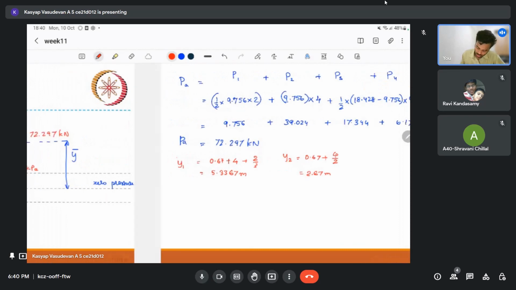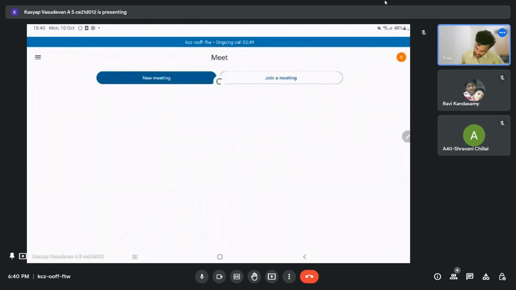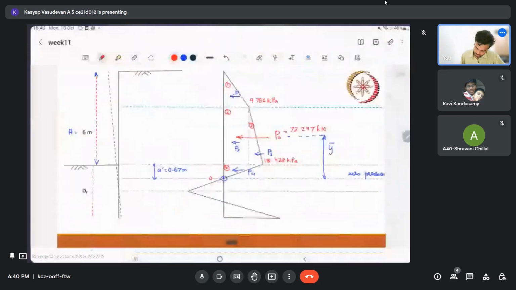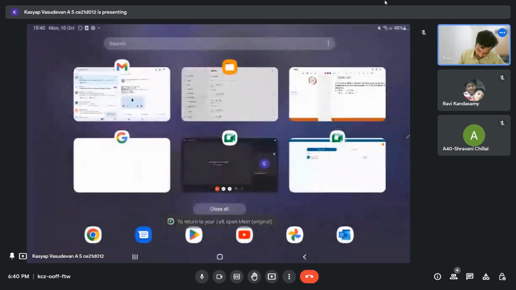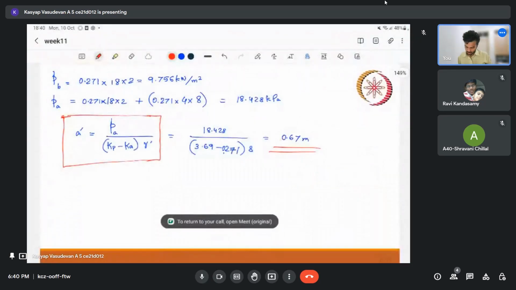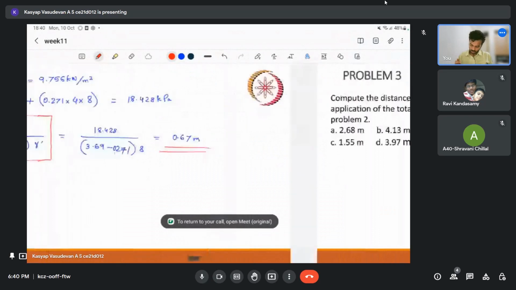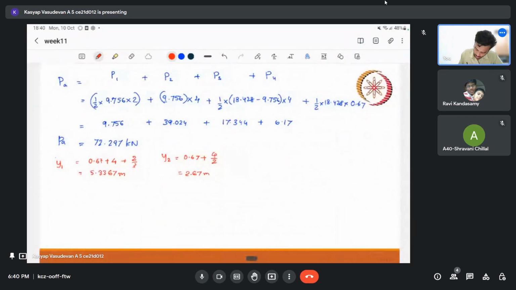So I am talking about this particular thing, from 0.67. Next figure is y3, that is this triangle.